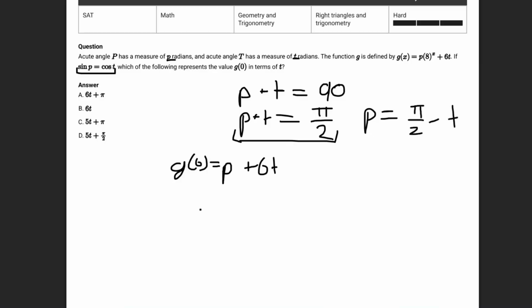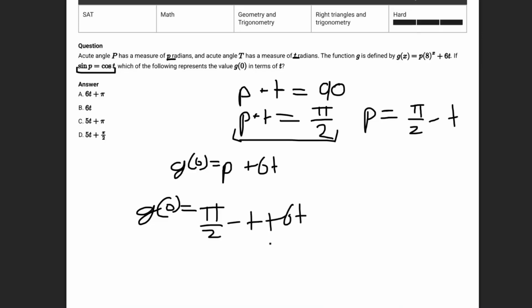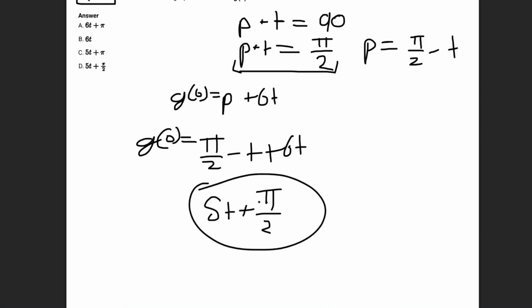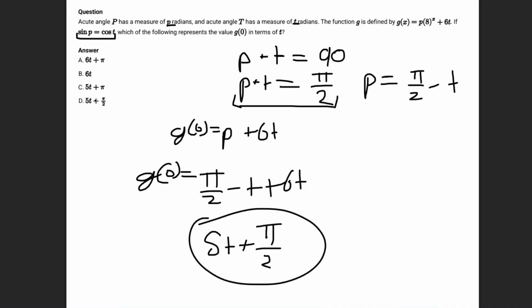Plug that in here, and we get g of 0 is equal to pi over 2 minus t plus 6t. 6t minus t is 5t, and then there's a plus pi over 2, and that's g of 0. So this is our answer, 5t plus pi over 2, so it's just D.